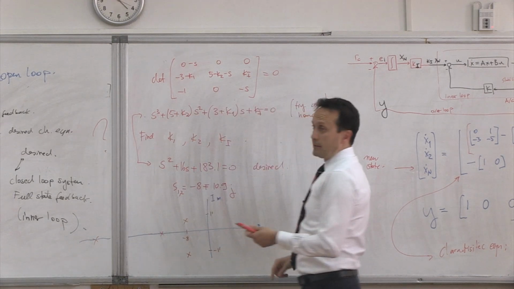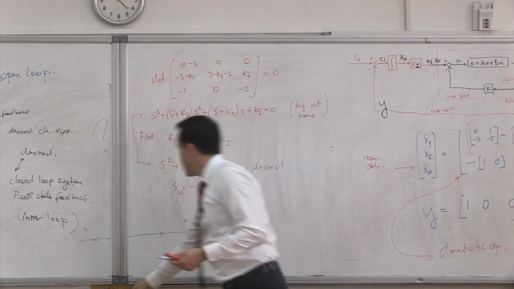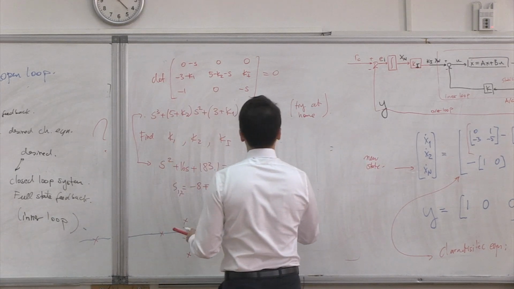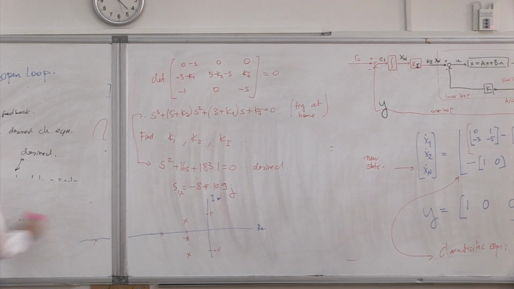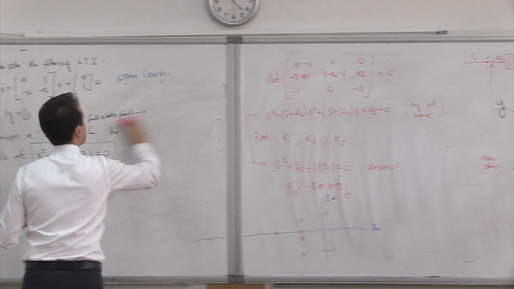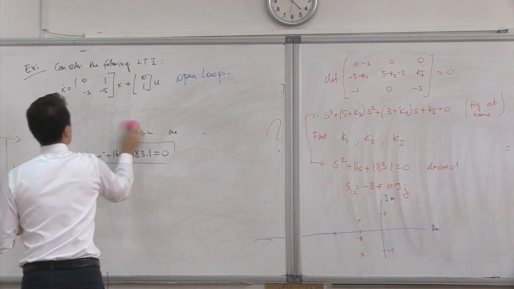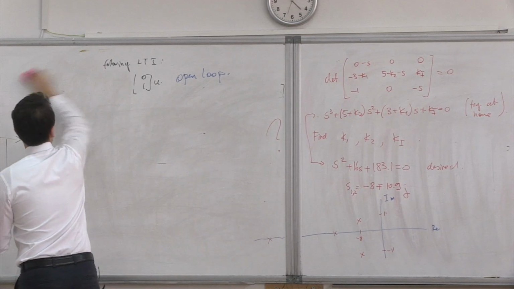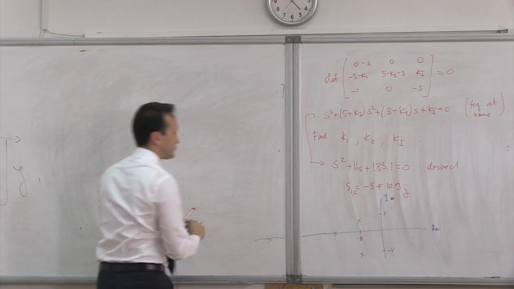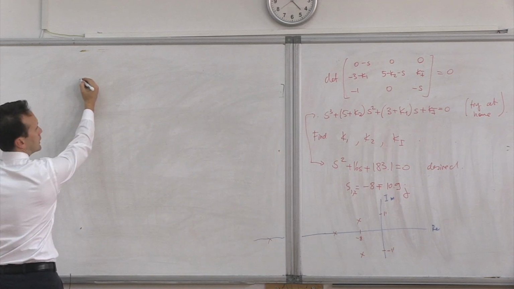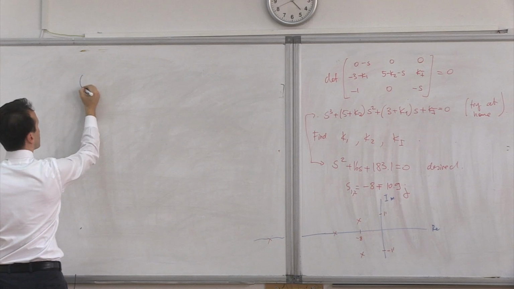Okay? So this was the desired characteristic equation, right? The desired characteristic equation looks like maybe here. Let me write it down here. The desired characteristic equation was something like this.